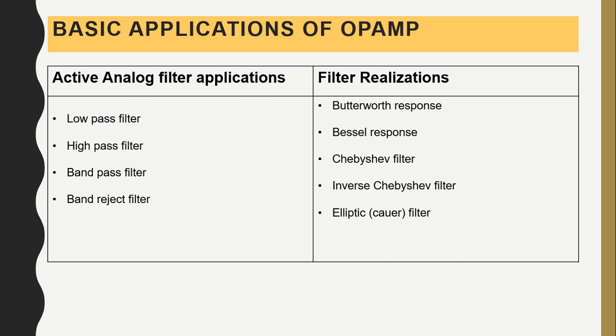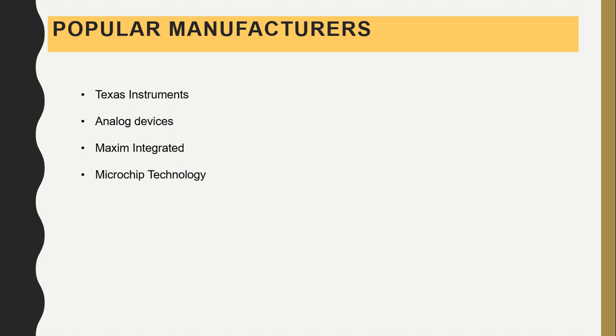Elliptical is also called a Cauer filter. So based on your need about filter realization, these op-amps will be used. These are the popular manufacturers: Texas Instruments, Analog Devices, Maxim Integrated, and Microchip Technology.